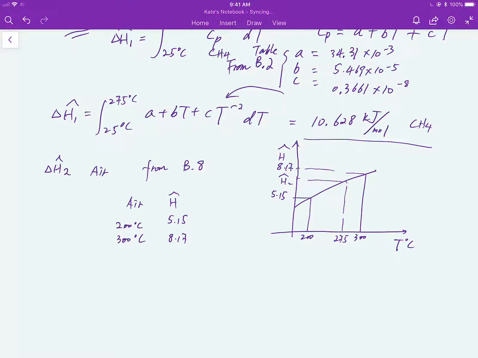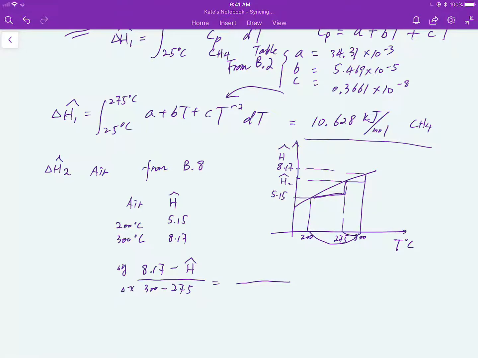Because on the same linear curve, the slope is the same from this point to this point, or from this point to this point, therefore, based on that information, we can have from 300 to 275, that is the delta y, over delta x, equal to the delta y over delta x from 300 to 200.